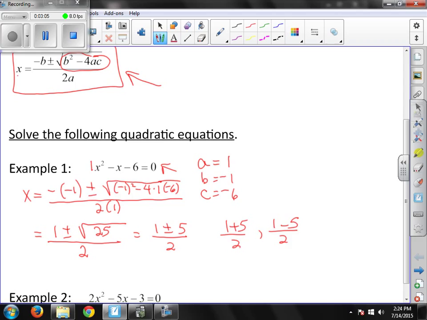So simplifying that, I have 6 over 2 and then negative 4 over 2. Simplifying those, here's what x is equal to. 3 and negative 2. There are two solutions to this quadratic equation.